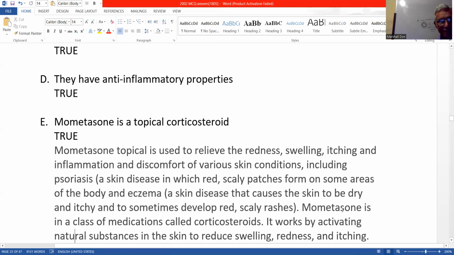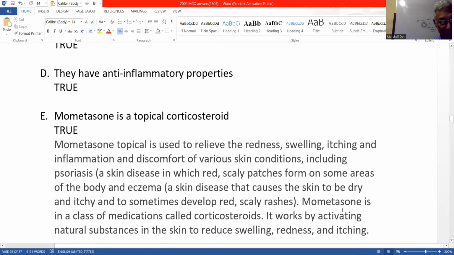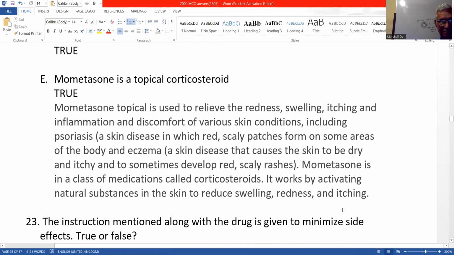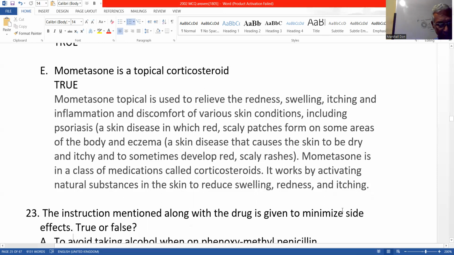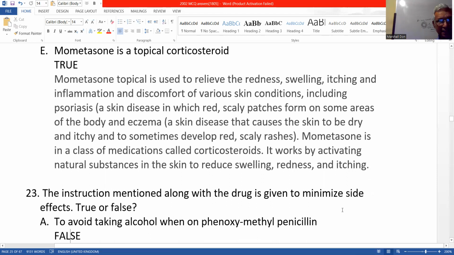Mometasone is a topical corticosteroid. That is true. Mometasone is not used internally. Skin conditions, you use it only for skin conditions.